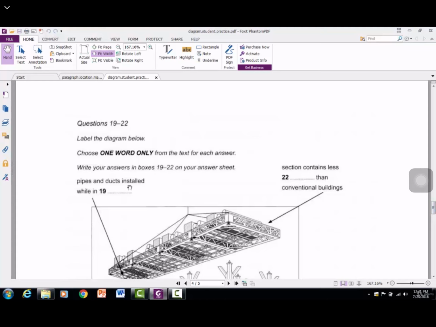All right, pipes and ducts installed while in factory. Number 19 is factory, right? They're installed while they're in the factory. You can see that's in the sentence.